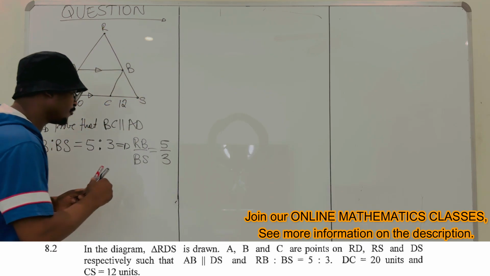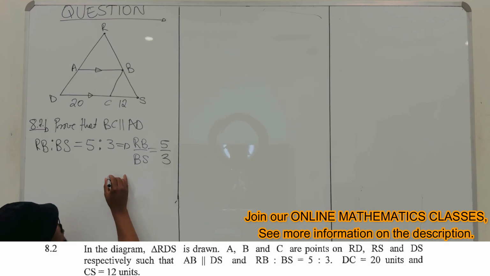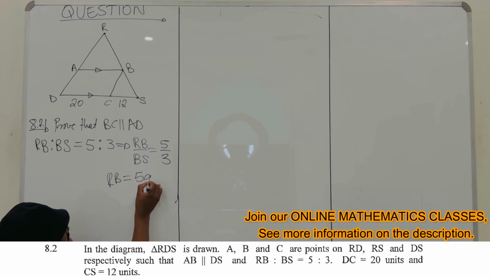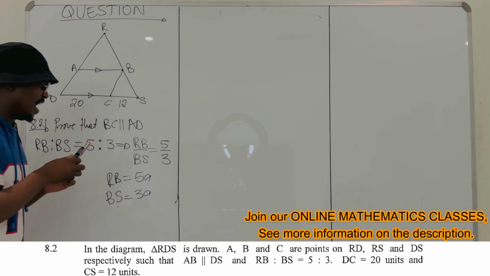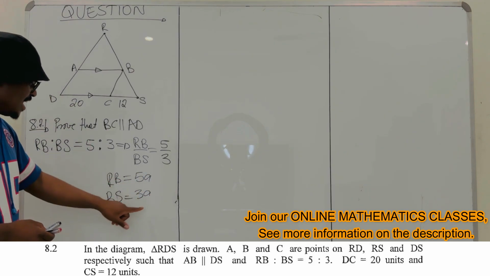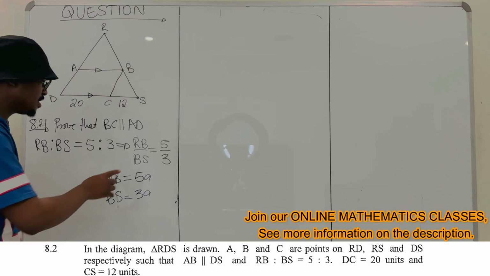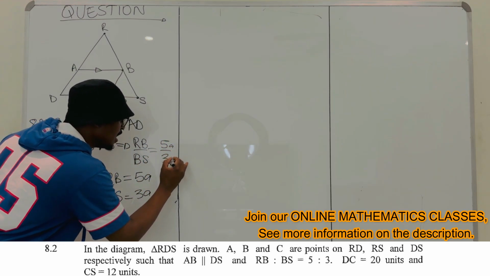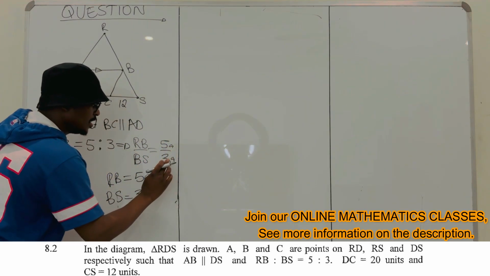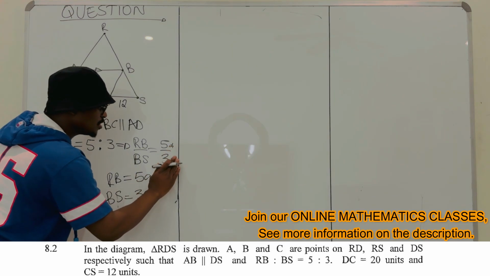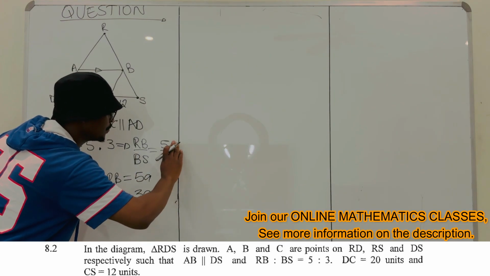So RB may be equal to 5 times A, where A is a number, and BS is equal to 3 times A. And then when you took the ratio of those two, the A's cancel out, and you'll be left with just 5/3, as you can see.